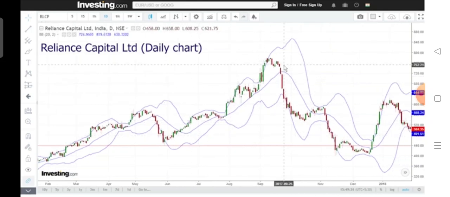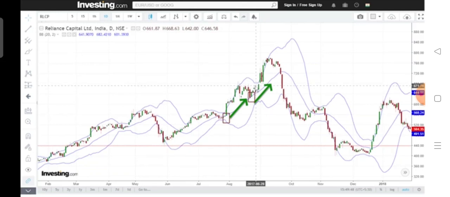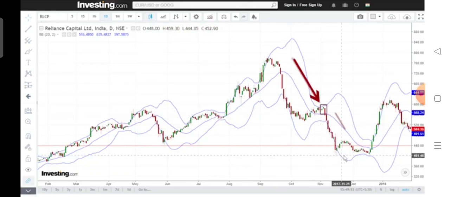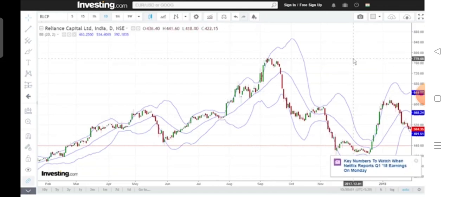Now this stock moves very unidirectionally, one period after another. First there was a unidirectional up move, and then there was a rest, and then there was an up move, then there was a rest, then there was a down move, then there was rest, then there was a down move. So you can see that in such kinds of movements, up moves and down moves happen in the form of bursts.